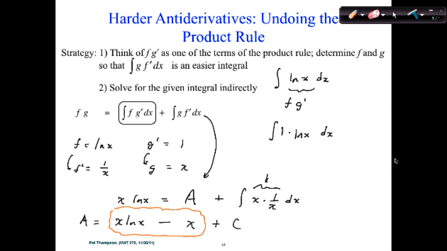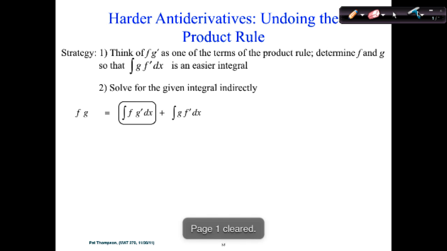Okay, any questions on that example? Okay, so last time we did this example. And what happened in this one?